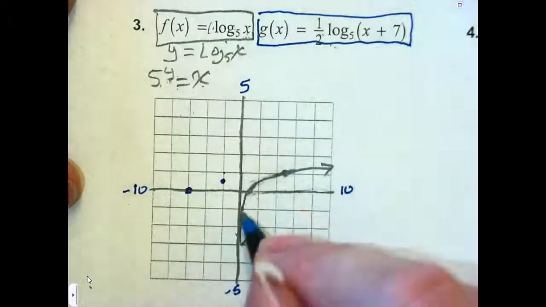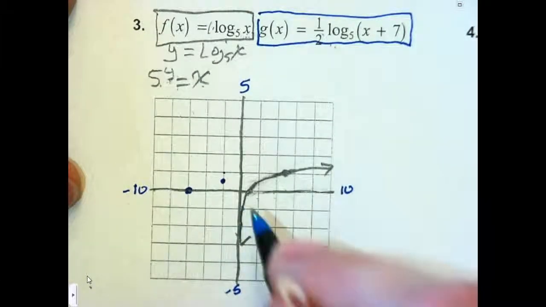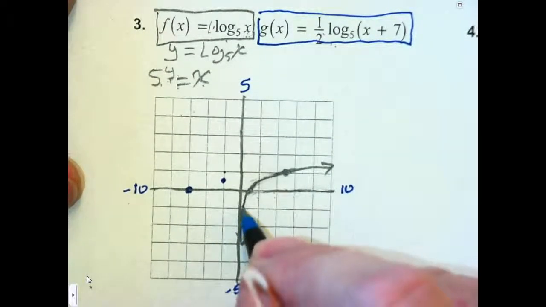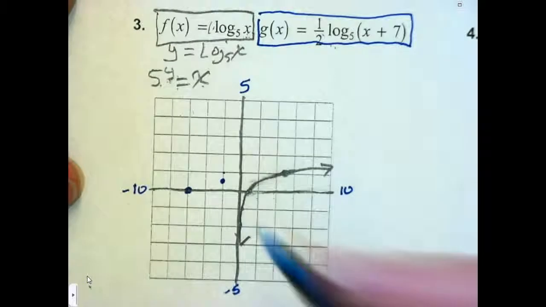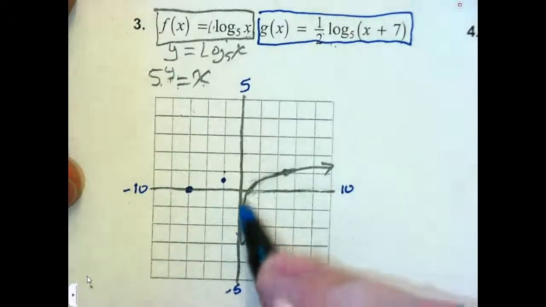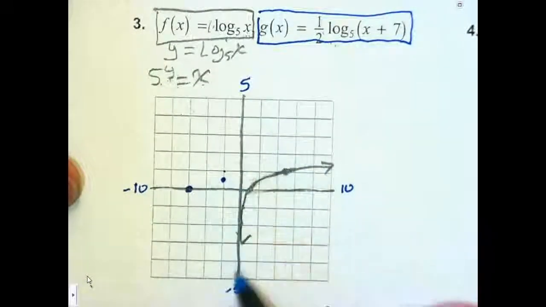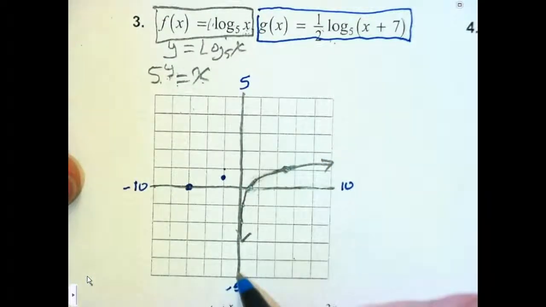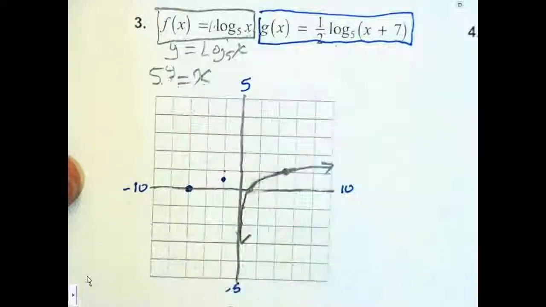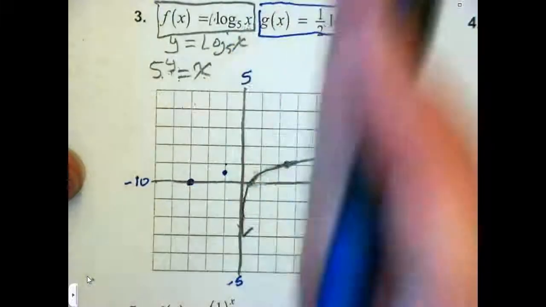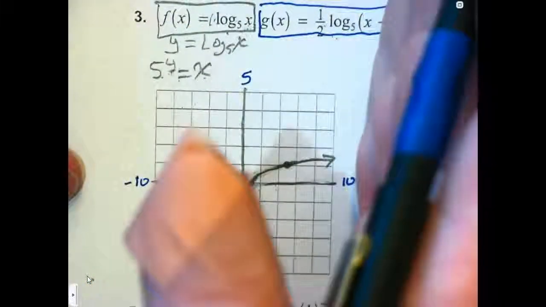Okay, and these are going to be such negligible points and distances on this graph that we're not going to be able to do anything with. We're not going to be able to see that difference. But we do know our asymptote now, which was at x equals 0, is now going to be at x equals... It also moves back 7, right?